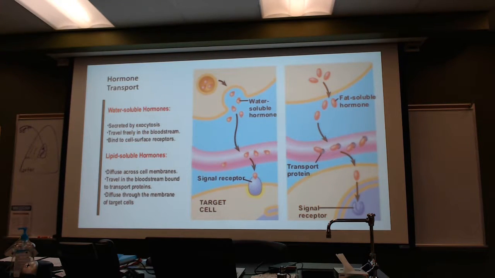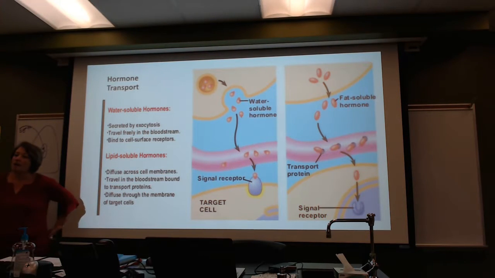Once I get the chemical, the hormone, it has to be transported. Now, your textbook gets into great detail, but I can explain this much easier with this picture.